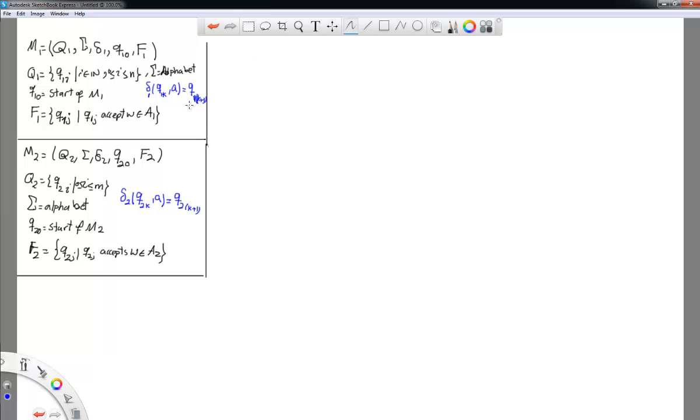Let me make this a little bit neater and cleaner for you. So this one's going to go to Q sub 1 K plus 1. Actually, let me rewrite this.